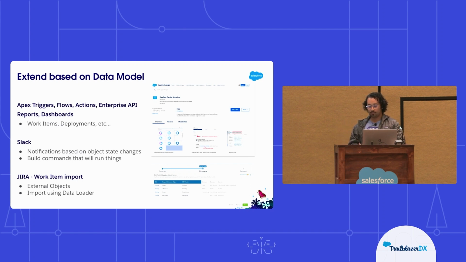Other ways to extend it are writing Apex triggers to notify Slack when a promotion is complete, both the deployment and the merge. We've also seen some customers roll their own Jira integrations, pulling those work tracking system tickets and then using Data Loader to map those to work items. That's a direct connection between mapping your work to work items, which are those dev changes being done.